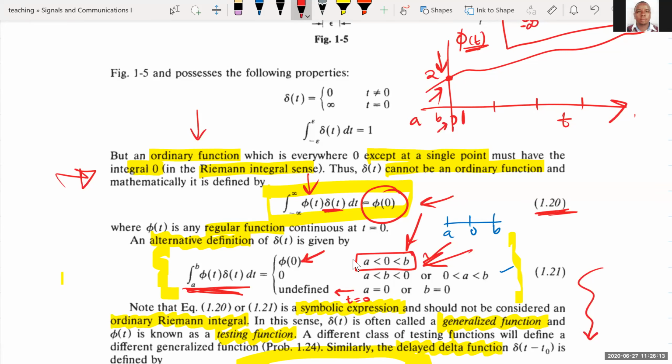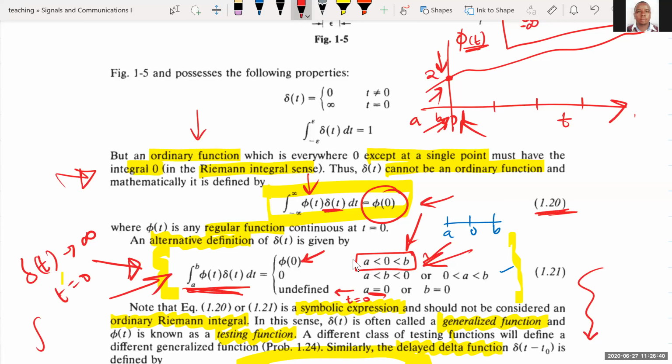And again, when both of them are at 0, you're saying it is not defined. So the point that this expression says is that delta of t will approach infinity at t equals 0.